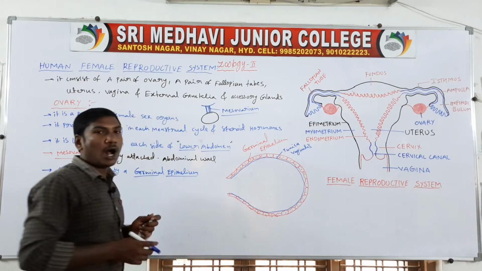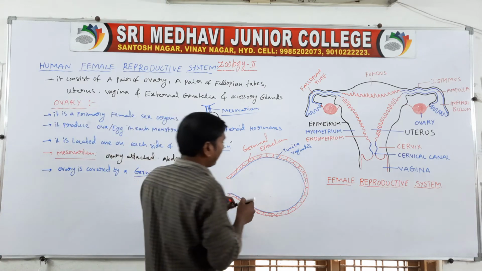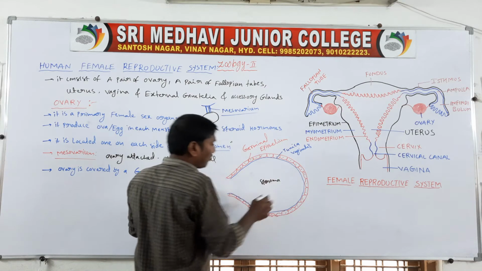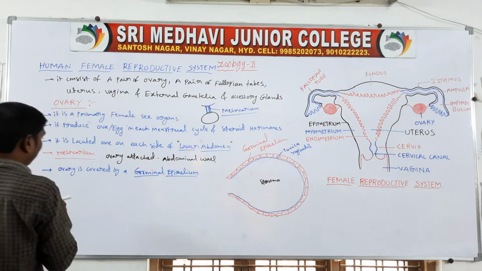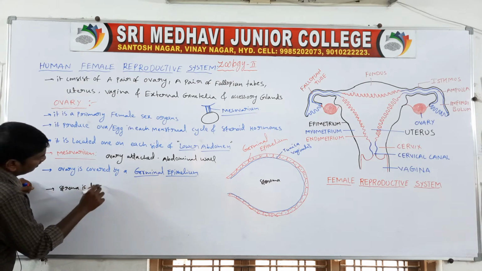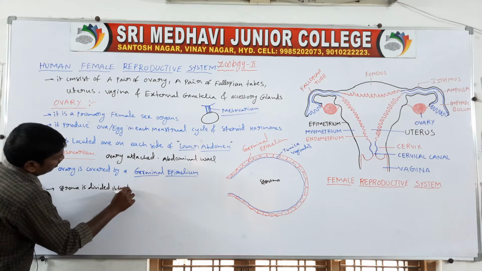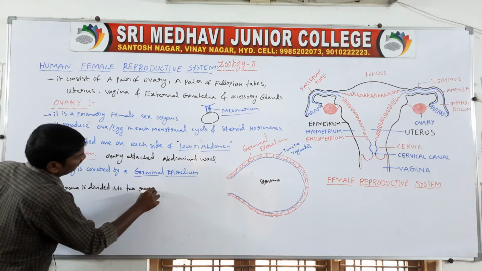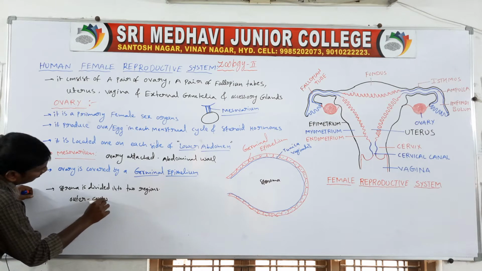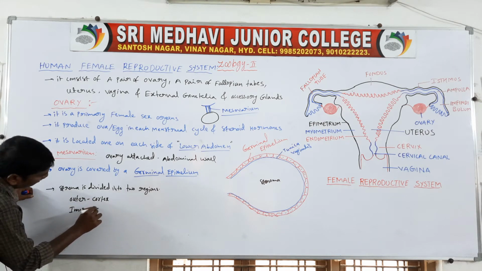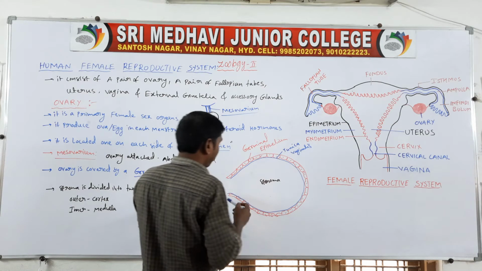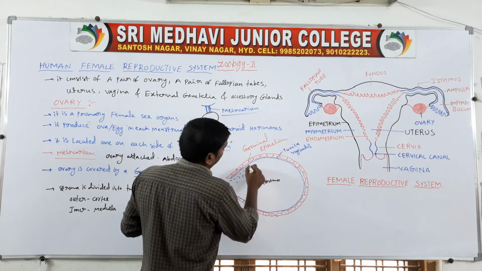This stroma is divided into two regions: the outer cortex region and the inner medulla region.